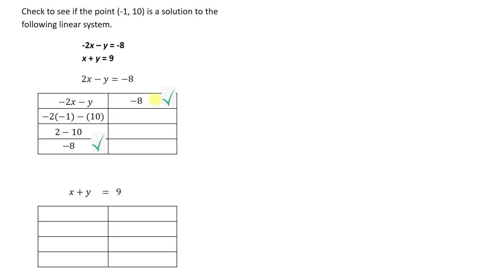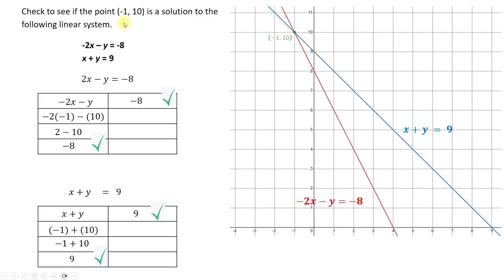So we're good so far. We'll try it with this equation, plugging in the values negative 1 and 10, and see if the left side equals the right side, which it does. So we can safely say that negative 1, 10 is a solution. You can see this here on the graph.